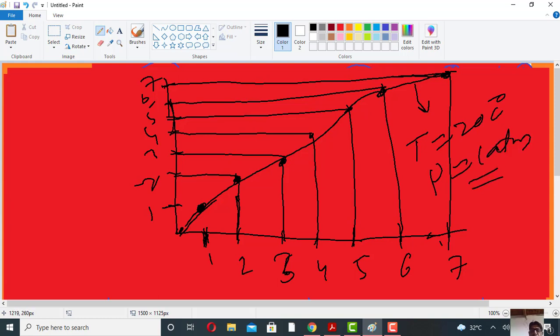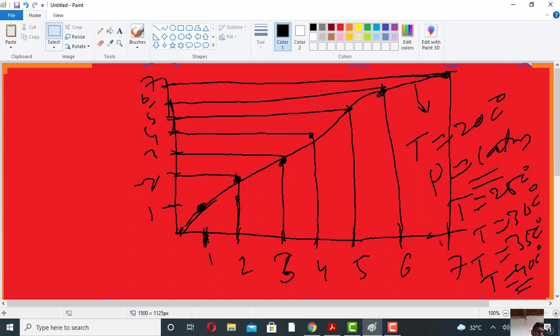Again we do experiments at 25 degrees, 30 degrees, 35 degrees and 40 degrees centigrade, and we make curves for the sulfur dioxide concentration in the air and water. We obtained a very important plot.